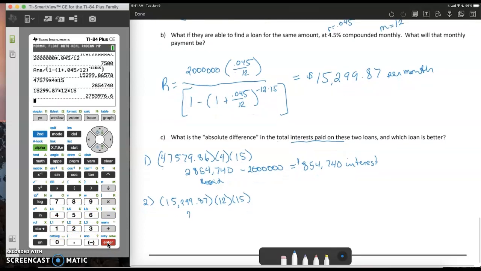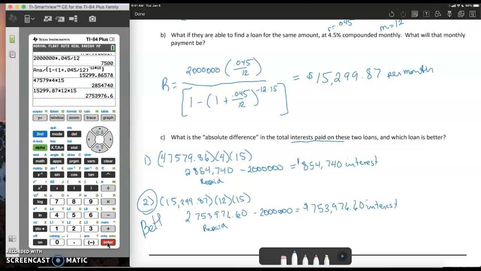So let's see, that's $2,753,976.60 repaid. Take off the $2 million loaned. So they paid this time $753,976.60 in interest. So I can already tell that loan 2 is better because there's less interest for that one.